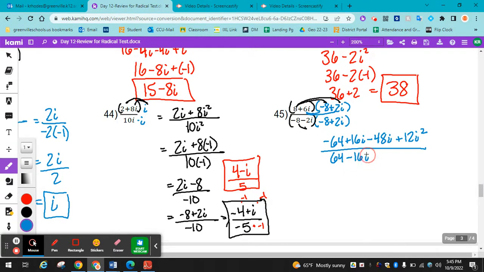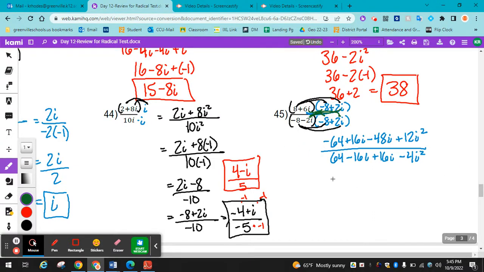Negative 16i. Positive 16i. And negative 4i squared. I did in order if you need to go back and look at that. Those two together, and then the last two together. The first 8 to both 2, and then 6i to both 2.